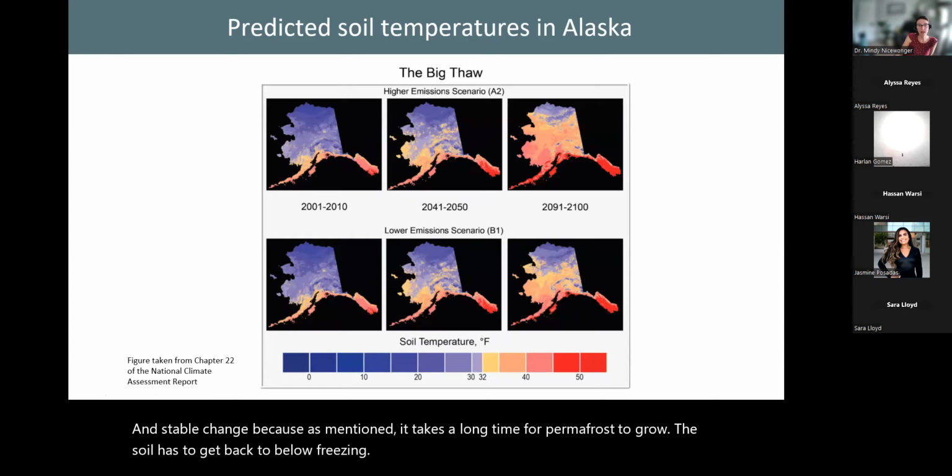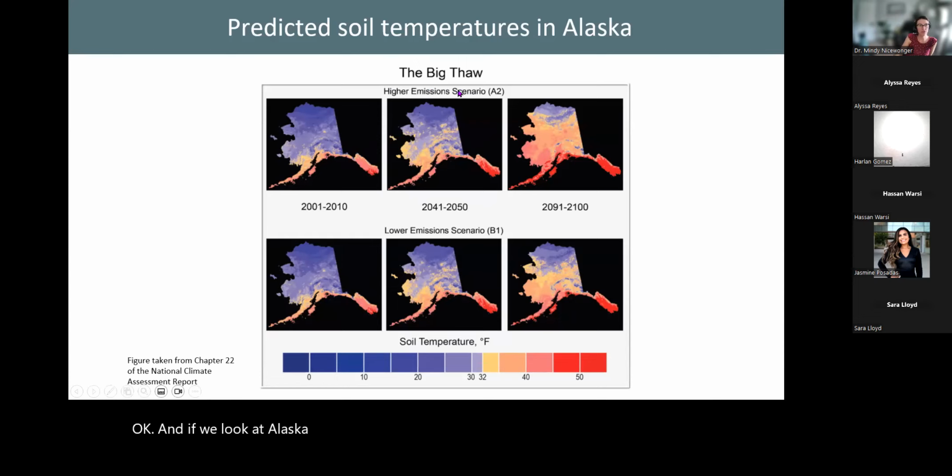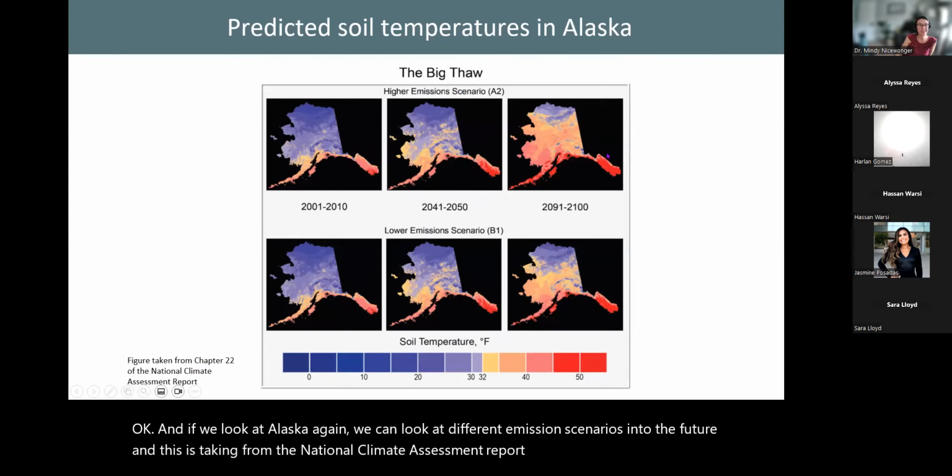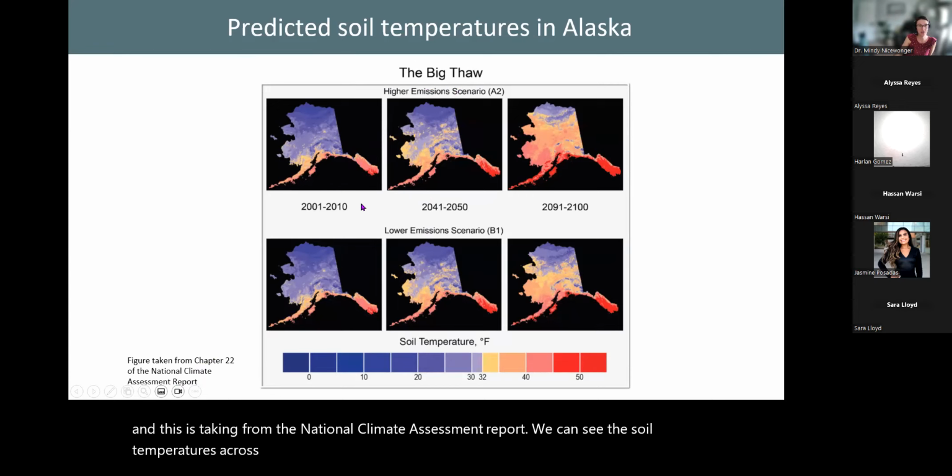Okay, and if we look at Alaska, again, we can look at different emission scenarios into the future, and this is taken from the National Climate Assessment Report. We can see the soil temperatures across Alaska in our different emission scenarios. So in the bottom, lower carbon emissions, we stop emitting carbon, and high emissions at the top.